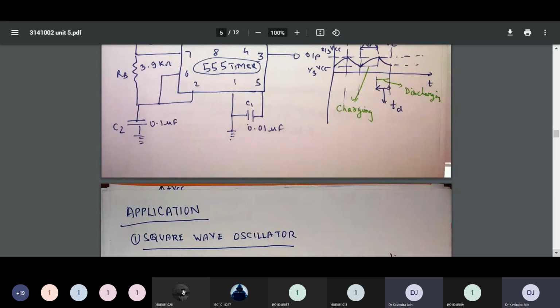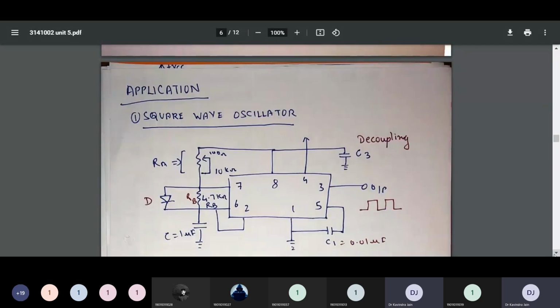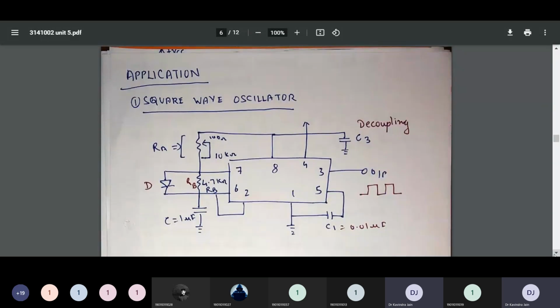Totally depends on you. The applications of 555 timer as an astable multivibrator are, number one, square wave oscillator circuit, and the second application is the ramp generator circuit. For square wave oscillator circuit, this diagram is used.